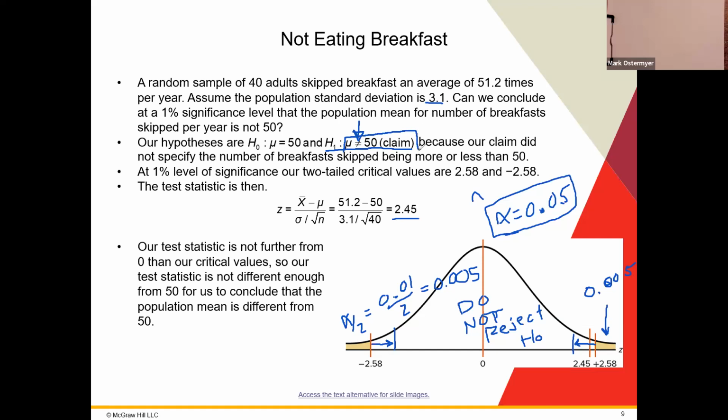You do stand a 5% chance of making a big mistake in saying that. But is that a risk you're willing to take? Are you in a position financially to take a risk like that? Maybe. If you are, most researchers would probably say, I'll just increase alpha a little bit to force my test statistic into the rejection region, and then I'll reject my null hypothesis.